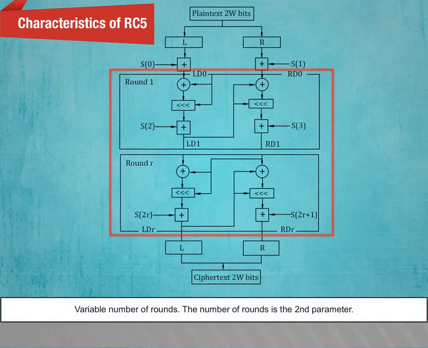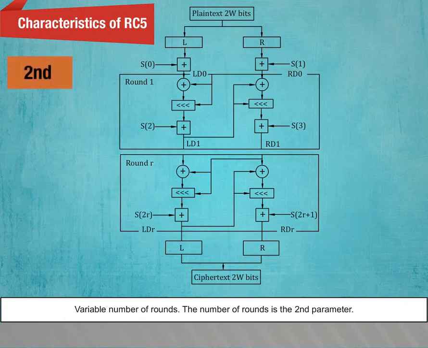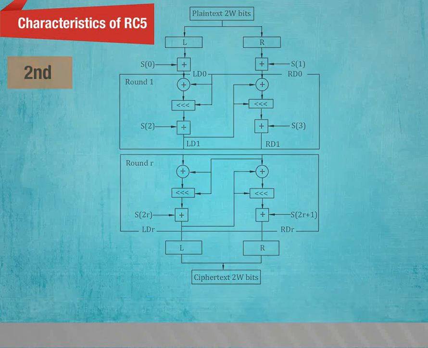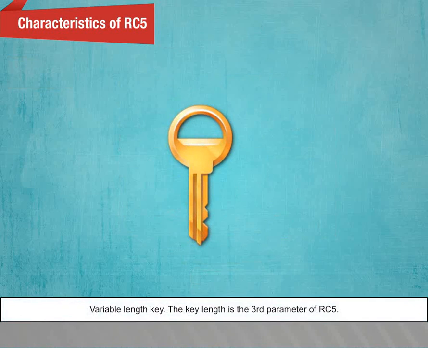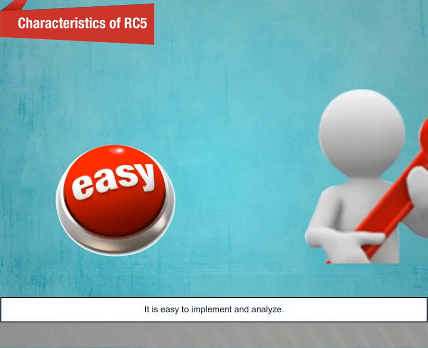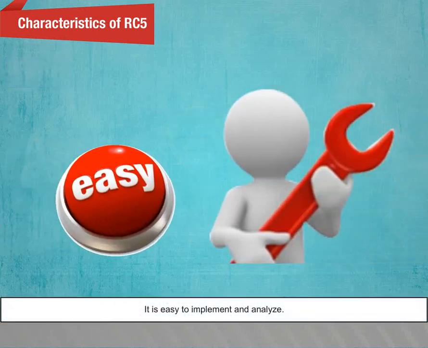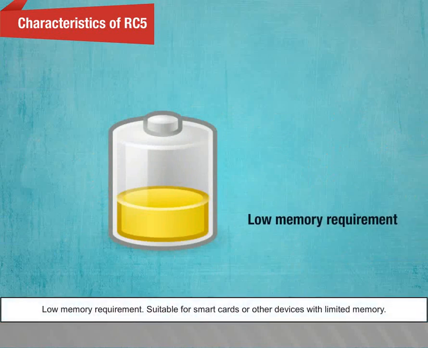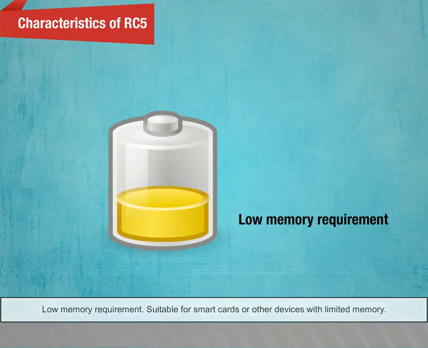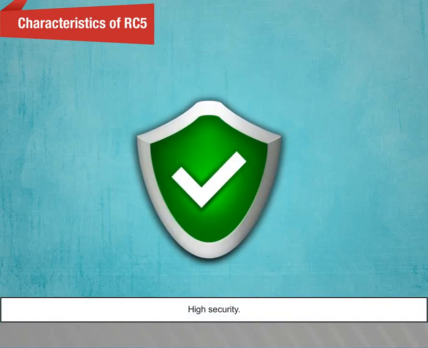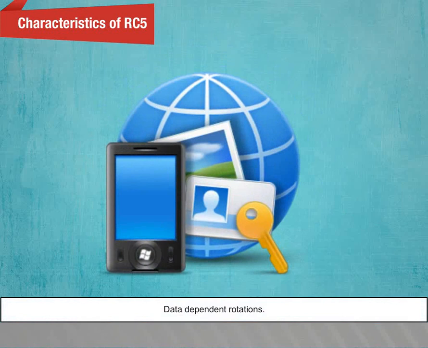The number of rounds is the second parameter. Variable-length key. The key length is the third parameter of RC5. It is easy to implement and analyze. Low memory requirement, suitable for smart cards or other devices with limited memory. High security. Data-dependent rotations.